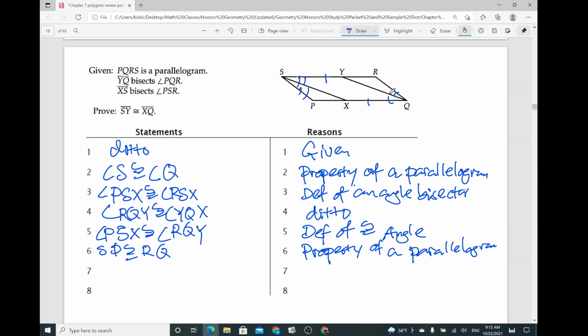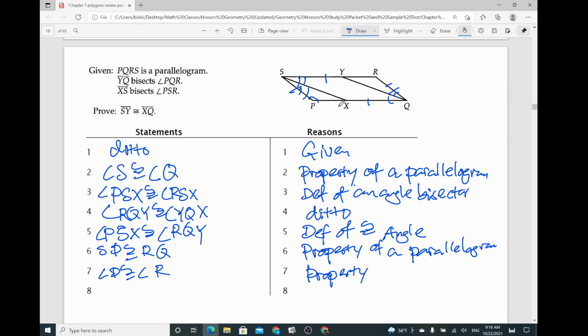Basically what we have here is that those two angles are congruent and the line segments are congruent. Let's see what else we can show here. We need angle-side-angle. Angle P is congruent to angle R, which is also a property of a parallelogram.